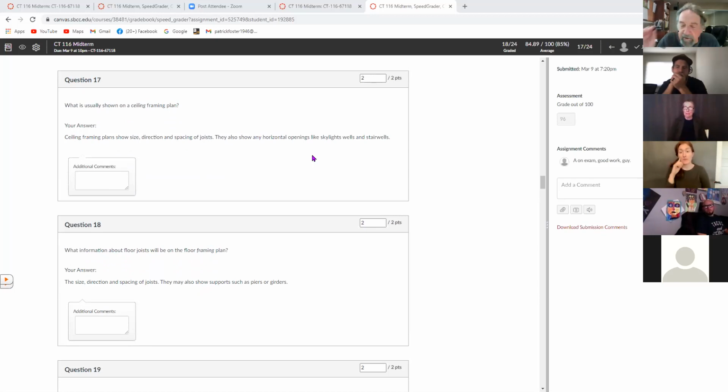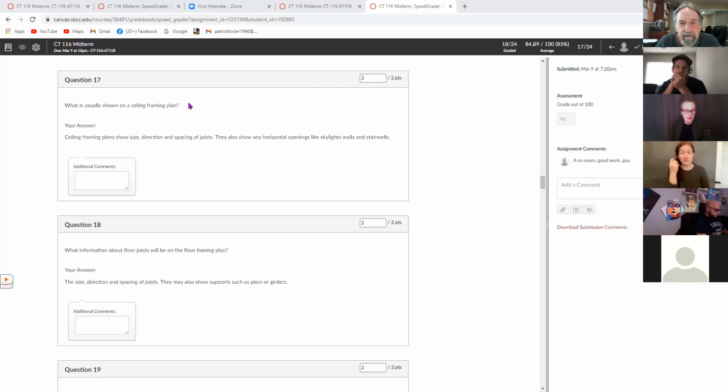We talked about this along the way, and I probably should have made a bigger deal out of it when we were prepping, but when we get to the roof plan, it's especially important. When you see the word framing, that makes the plan a real specific kind of plan. When we get down to the roof frame, some people confuse roof framing plan with roof plan. And we'll talk about that in a second. But a ceiling framing plan, some of you put rafters and things, but it really doesn't show any of the roof.